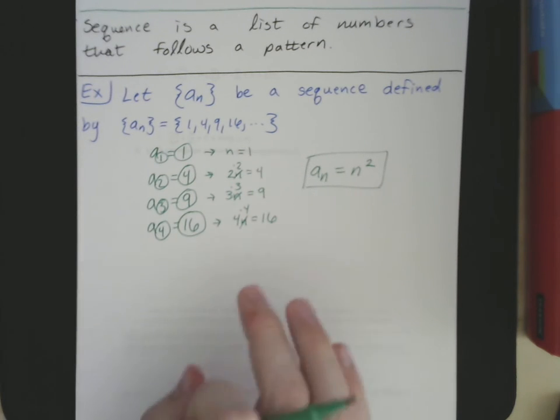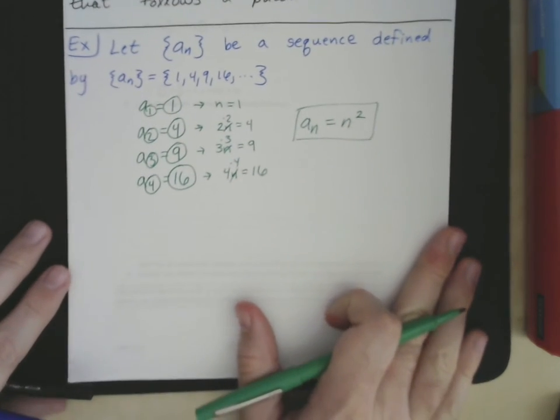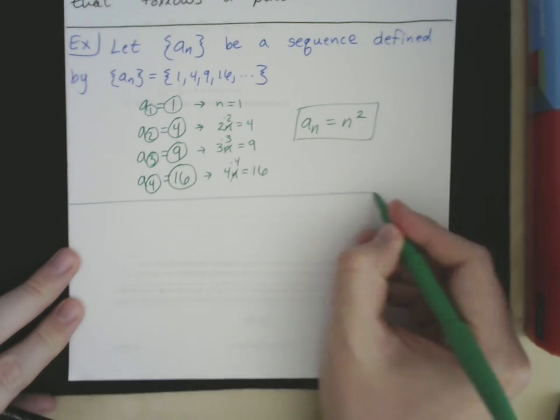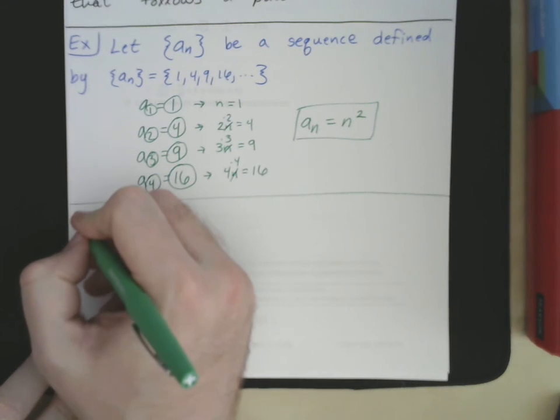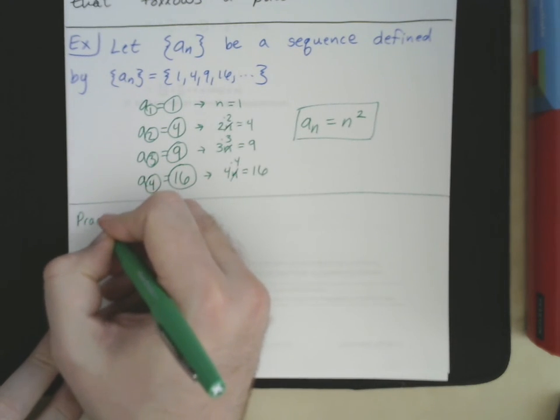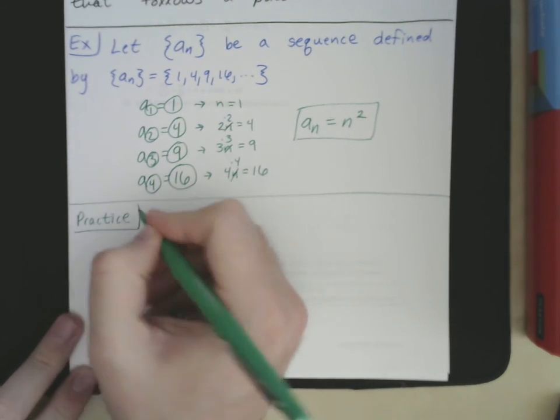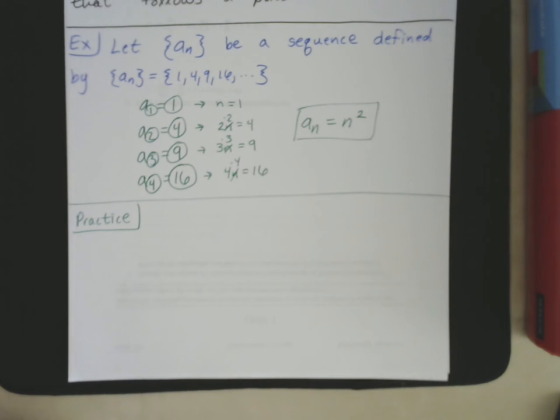So, now that we have this a sub n, we want to also look at what we would do if we were finding terms. So this is finding the general term.